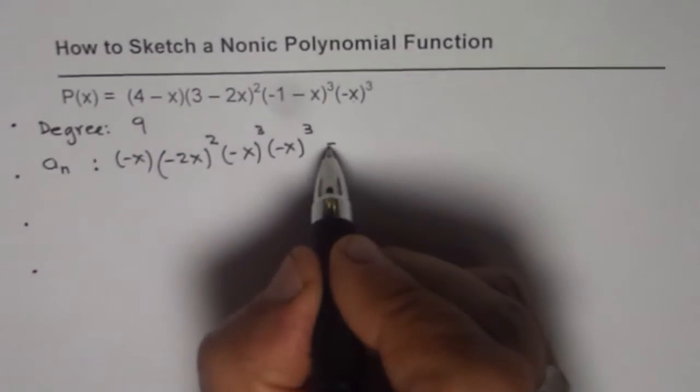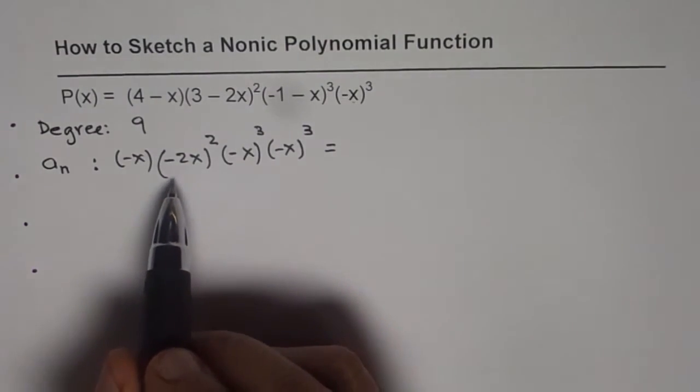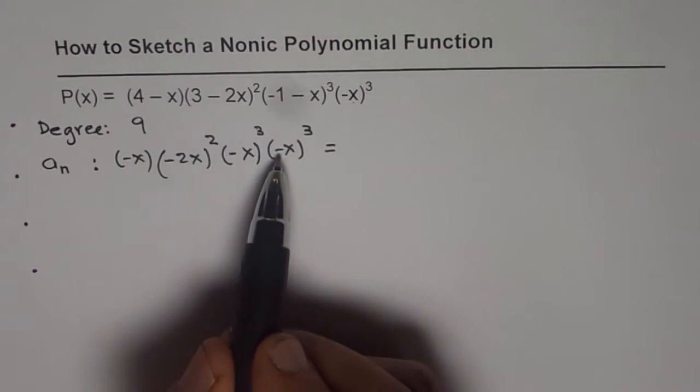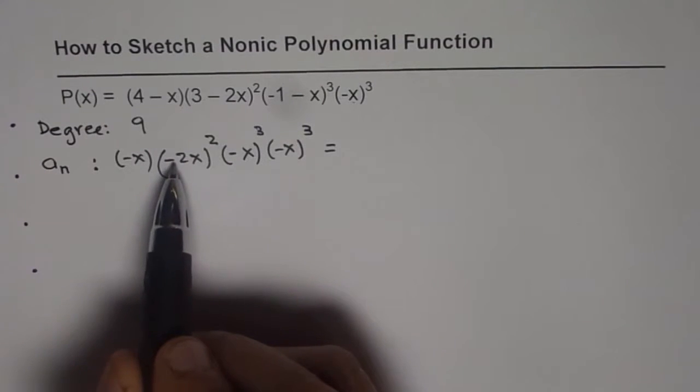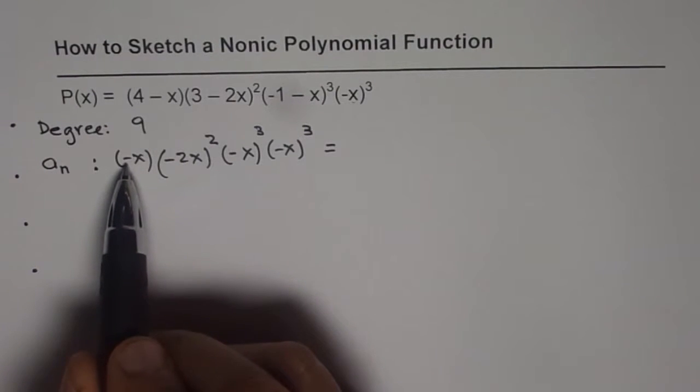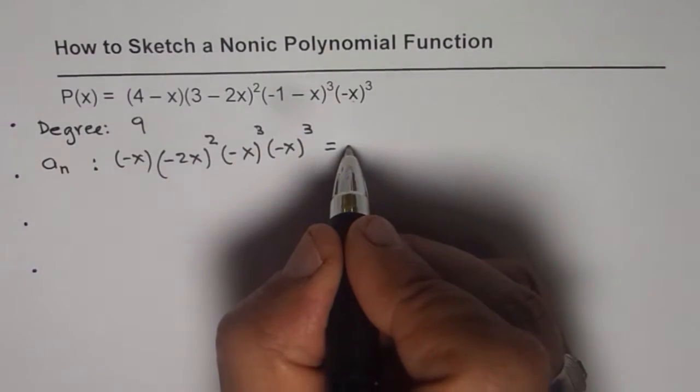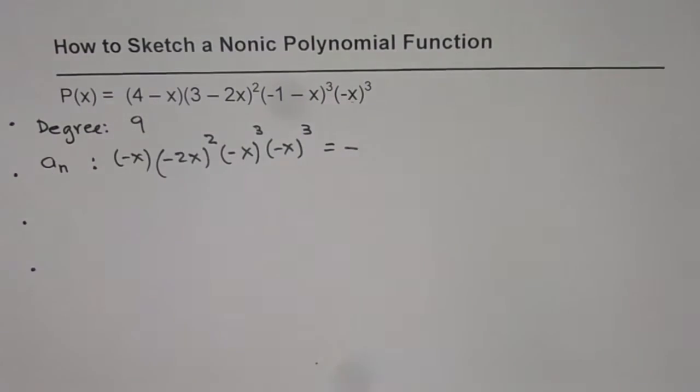So what does that give us? Let me write down the value. We are actually interested in the sign. So we have negative, negative, so two negatives. This one will turn out to be positive and that one is a third negative. So three negatives will give us a negative. We know leading coefficient is negative. Actually, this much is enough. But sometimes you are interested in finding the value of leading coefficient.